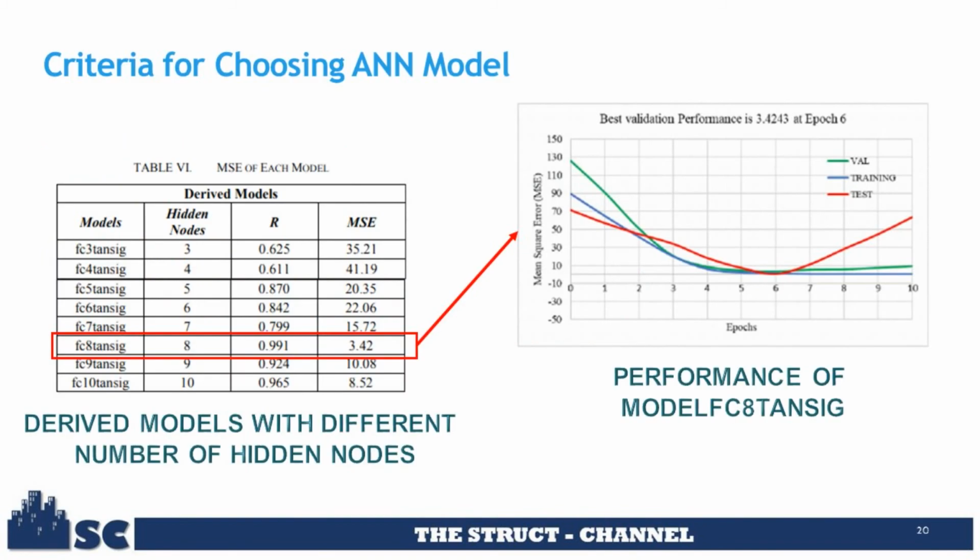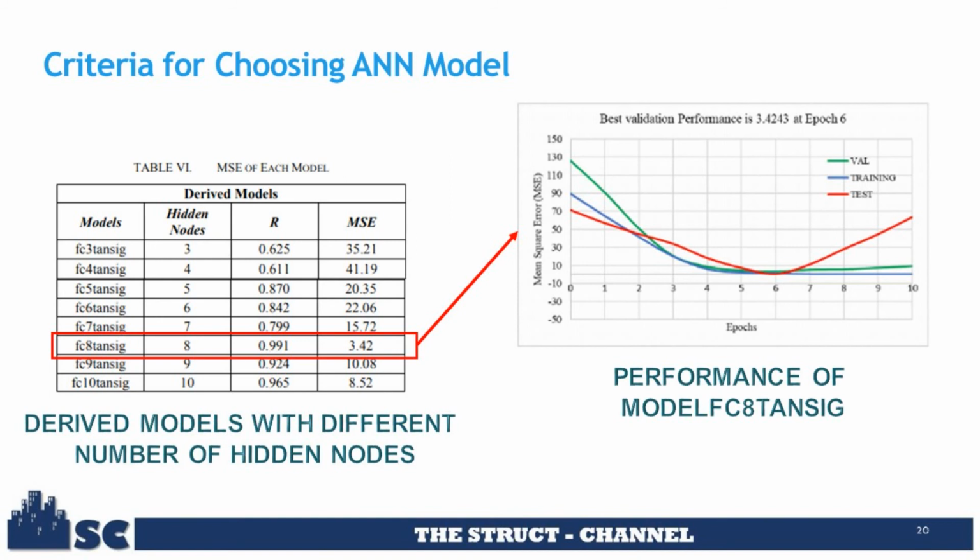In this paper, we have 8 different models, and these models have different numbers of hidden nodes starting from 3 up to 10. To get the best model, we use the following criteria: the regression value and the mean square error.